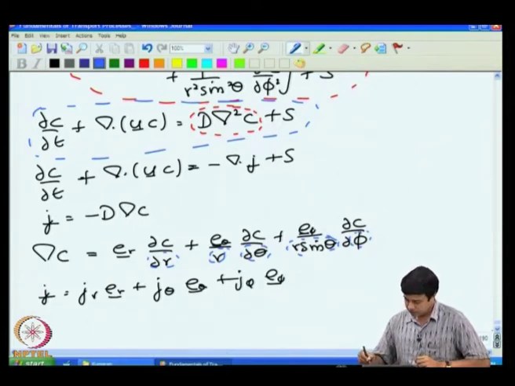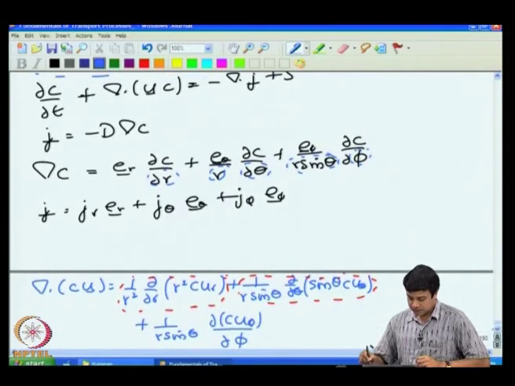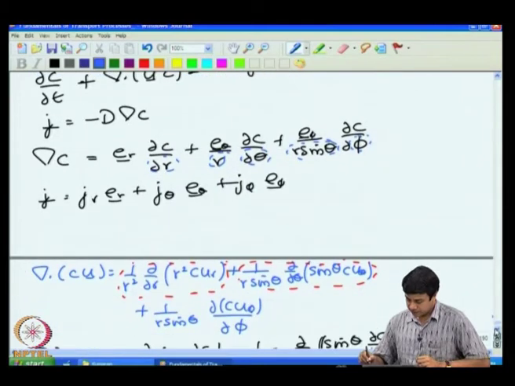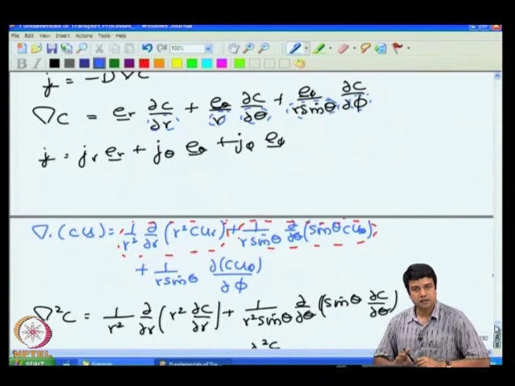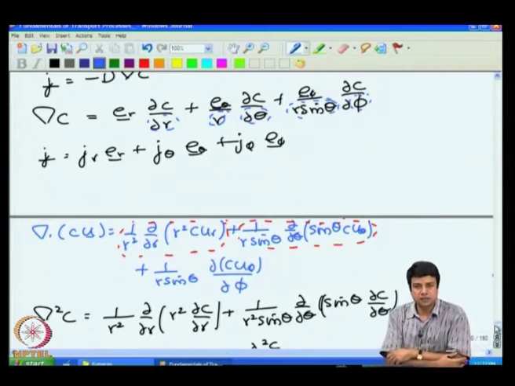So, why is it that I get a more complicated form when I express the divergence, which is basically just the dot product of a gradient operator and a vector? Similarly, del square is just del dot del. So, why does this not appear to be just del dot del?